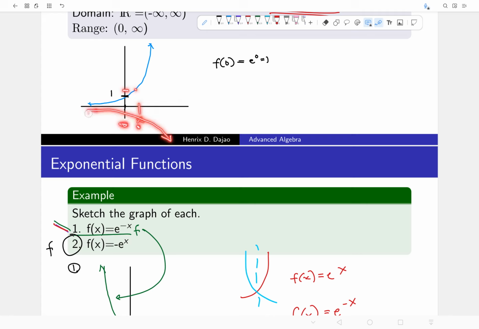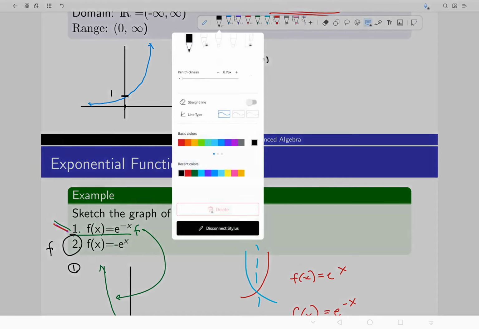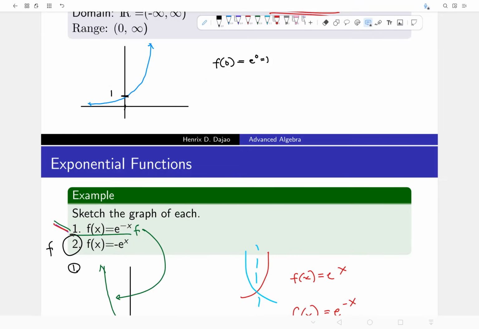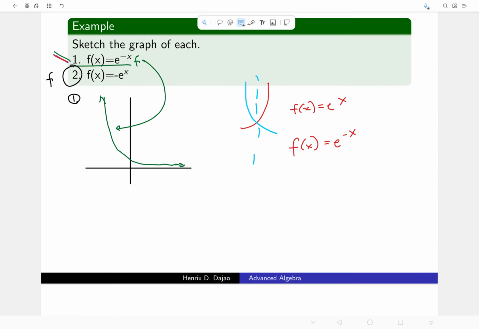So the graph of this negative e raised to x is just a reflection of e raised to x with respect to the x-axis. Why? We can show it by giving sample points.